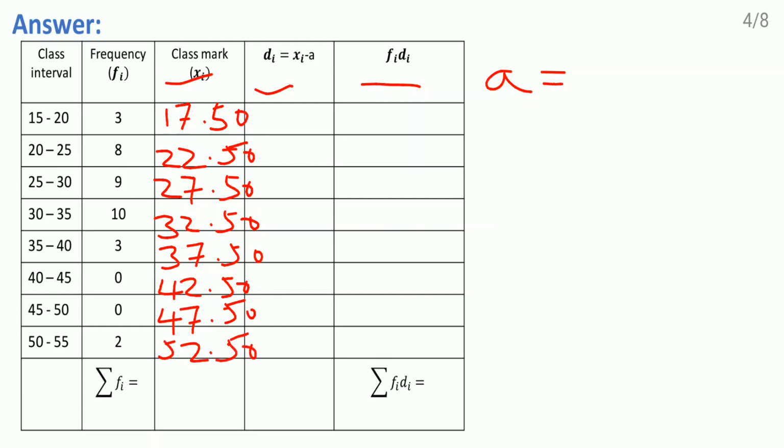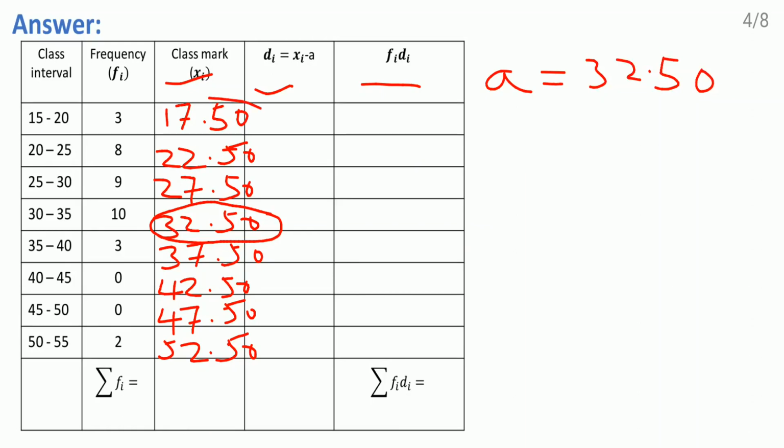Now I need to choose assumed mean somewhere from the middle of this exercise. So I will choose this one as the assumed mean. We can choose this also. Okay. So any one value. It is 32.50. Now I need to find out Di.